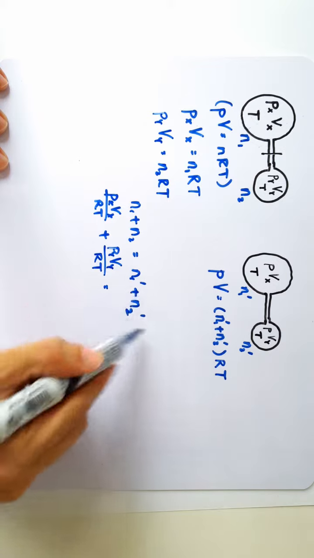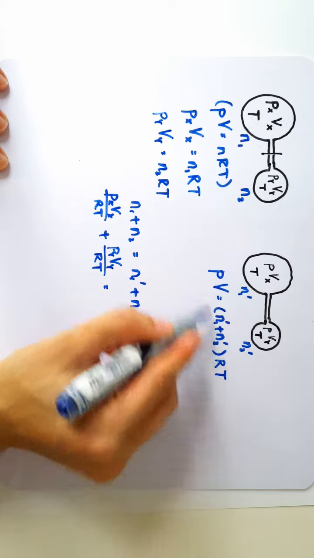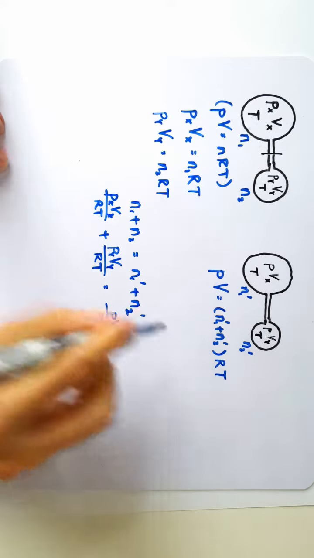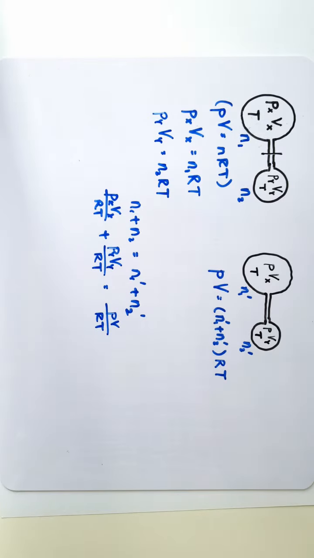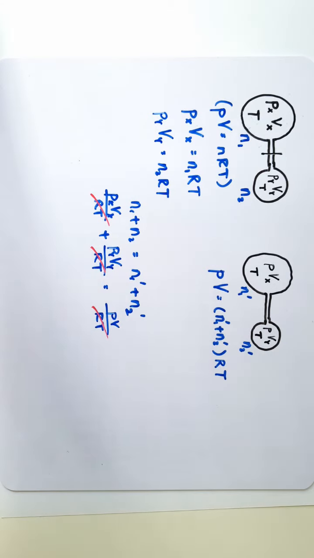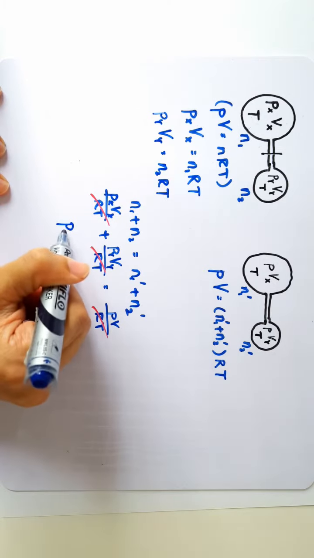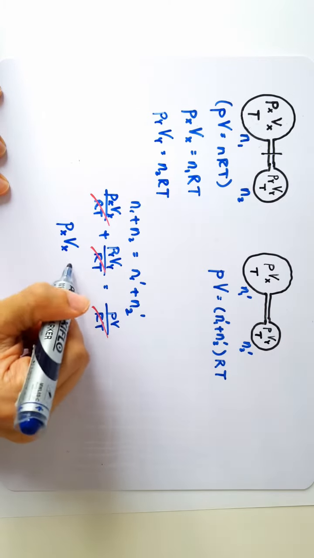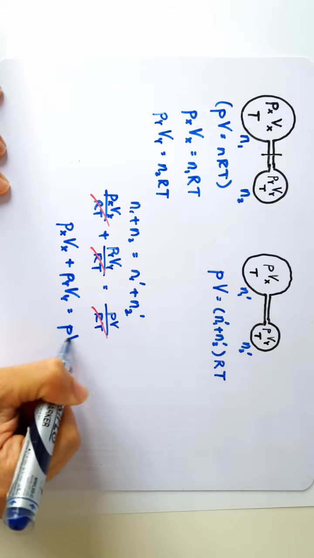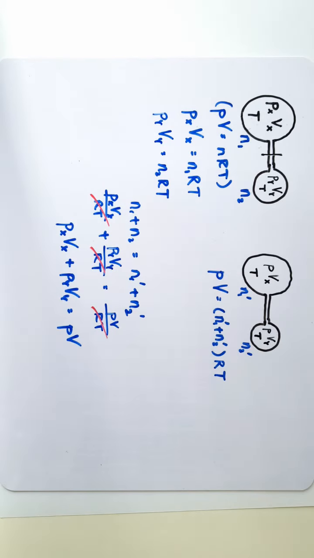And for the right hand side of the equation, we can write it as PV over RT. So we can happily cancel away the RTs from both sides, and we arrive at this expression here: Px Vx plus Py Vy is P times V. Easy.